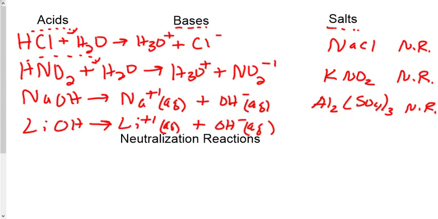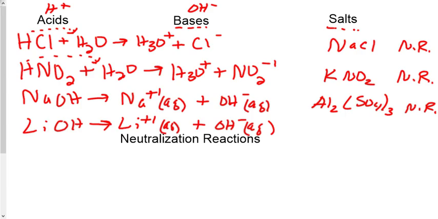So for us, we're going to call salts neutral. And again, in more advanced situations, the salt may be a little acidic or basic, but we're going to ignore that. So we're going to just call salts neutral. For bases, we're looking for an OH in the formula. And for acids, we're looking for an H positive in the formula.